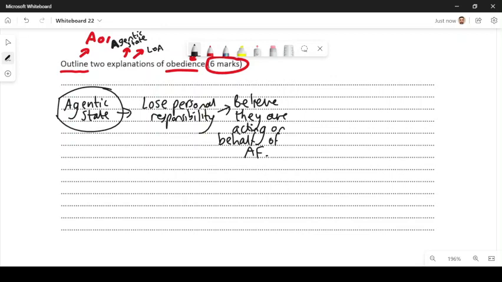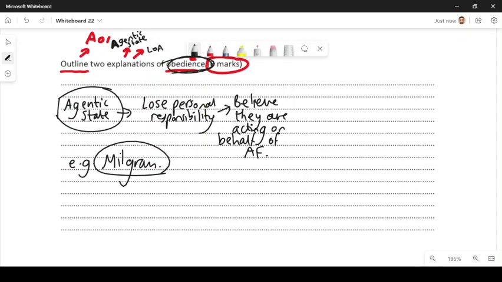I personally would do that, straight to the point, and you can use Milgram technically as support here, but I would make reference, just for the explanation, a quick example. Don't say research or support, just literally say this was shown in Milgram, where it showed that participants were asking who was responsible.